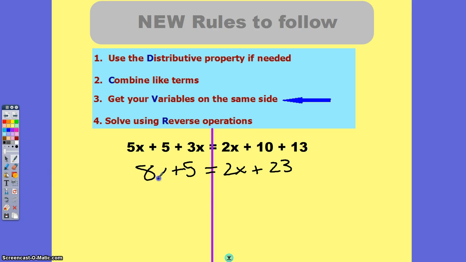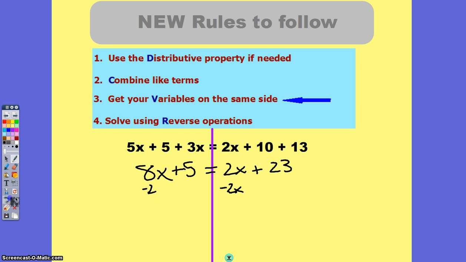So there's my 8x. If I'm going to choose between moving the 2x over that way, or moving the 8x over that way, and I don't like dealing with negatives, I'm going to choose the 2x, the smaller number, and move that one, because if I subtract 2x from this side, I'm still going to end up with a positive value.